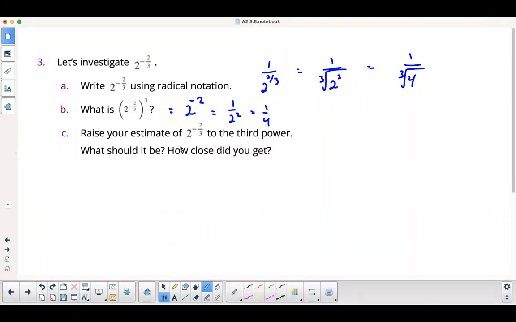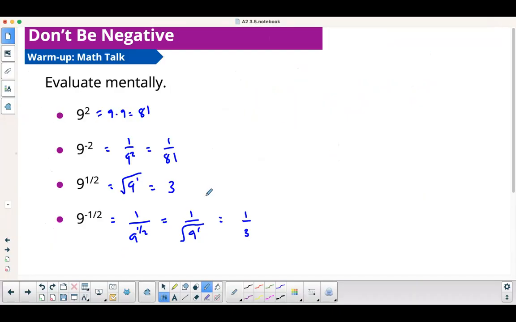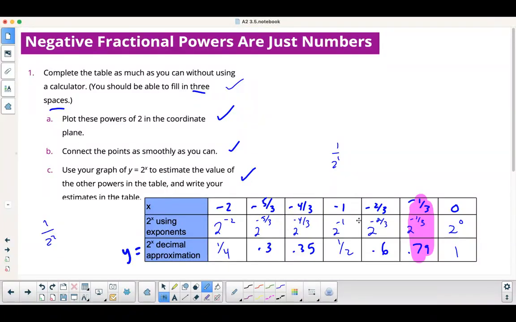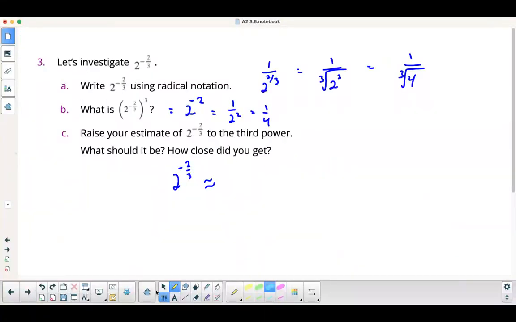All right. So I'm going to go back. I'm going to go from my graph. I'm going to get my estimate. 2 to the negative 2/3. I'm going to take it to the third power. Here it is. 2 to the negative 2/3 was right here. So I got 0.6. Let's say equals 0.6.